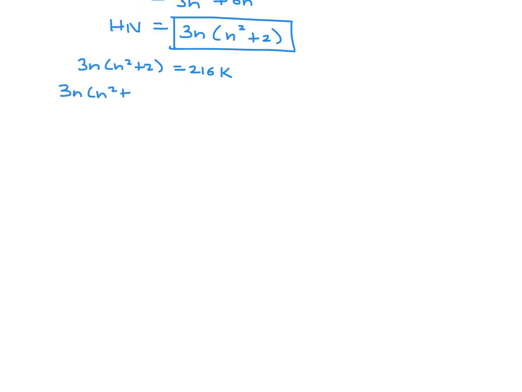Now 216, we're going to have to break that up into its prime factors, and that is 2 to the power of 3 times 3 to the power of 3, times k. This 3 we can get rid of, and that's going to give me 2 to the power of 3 times 3 to the power of 2. And therefore, since this is 8, this whole side must be divisible by 8.